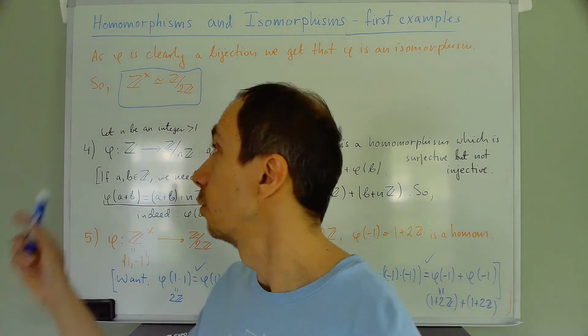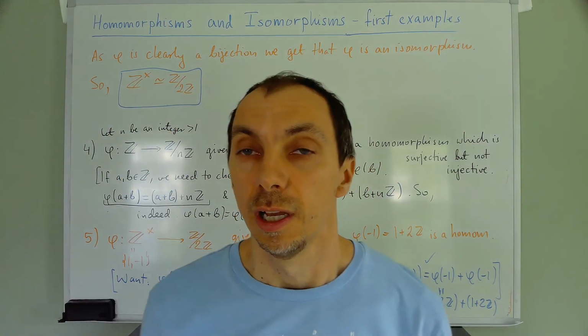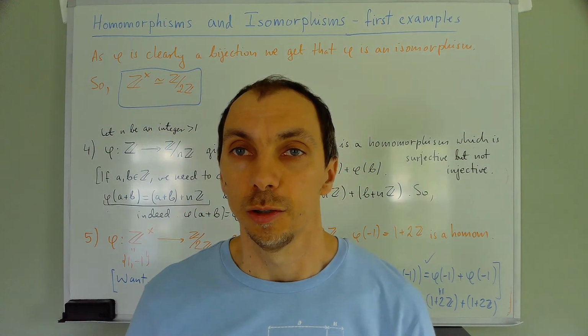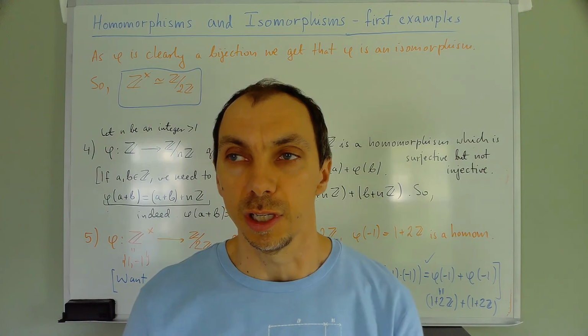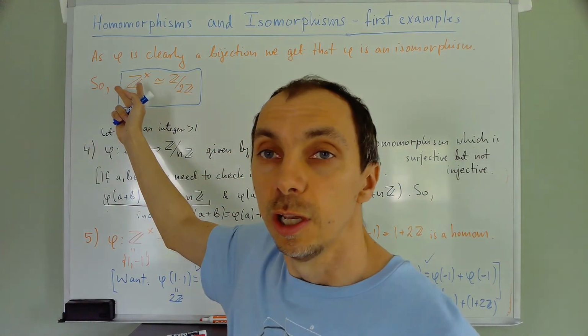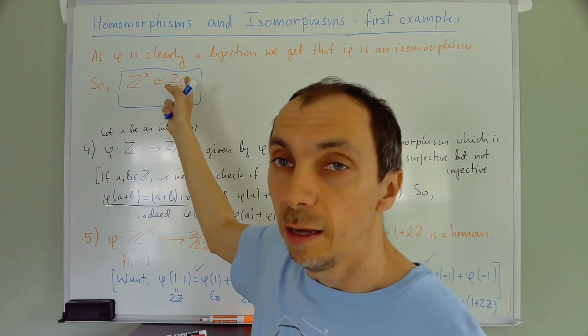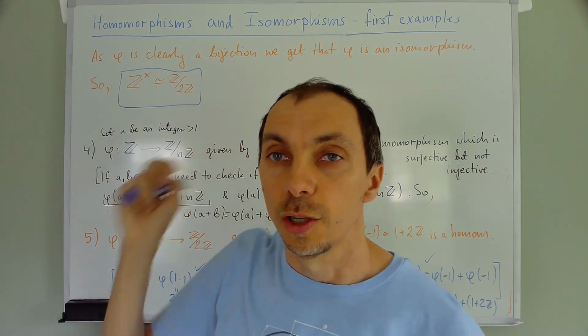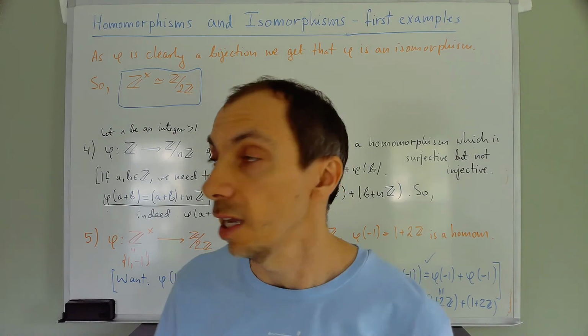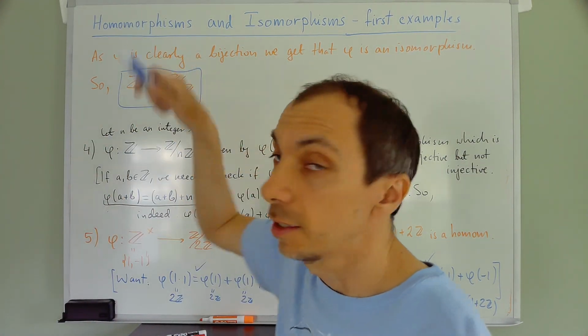If you allow looking at other structures, for example, if you allow looking at addition and multiplication on Z, and then you extract the units, which are the elements invertible with respect to the multiplication, and then you allow looking at congruences, so divisibility relations in Z, you would say, yes, this is different from that.